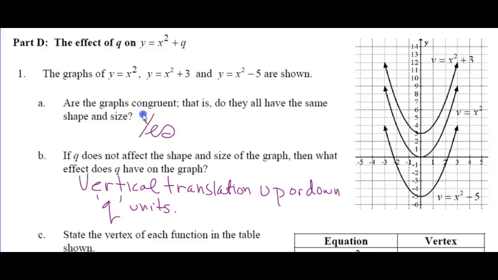But if you write VT 5, not so cool. VT up 5 or VT 5 units up, cool. So translation: what kind of translation? Which way? How much? Reflections, just a reflection in the x-axis, vertical stretch by a factor of, and then you state by a factor of what?